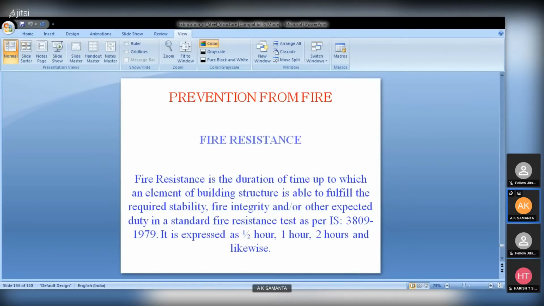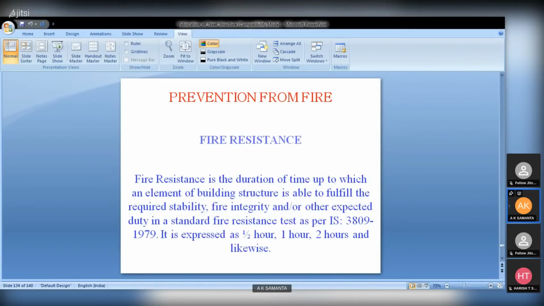That's why the calamity was less. During office hours, as I have heard, more than 5,000 people were there, but due to the fire resistance of the structure, more than 2,000 people could be evacuated. So fire resistance is the terminology for how long the structure takes before collapse: half an hour, 1 hour, or 2 hours.